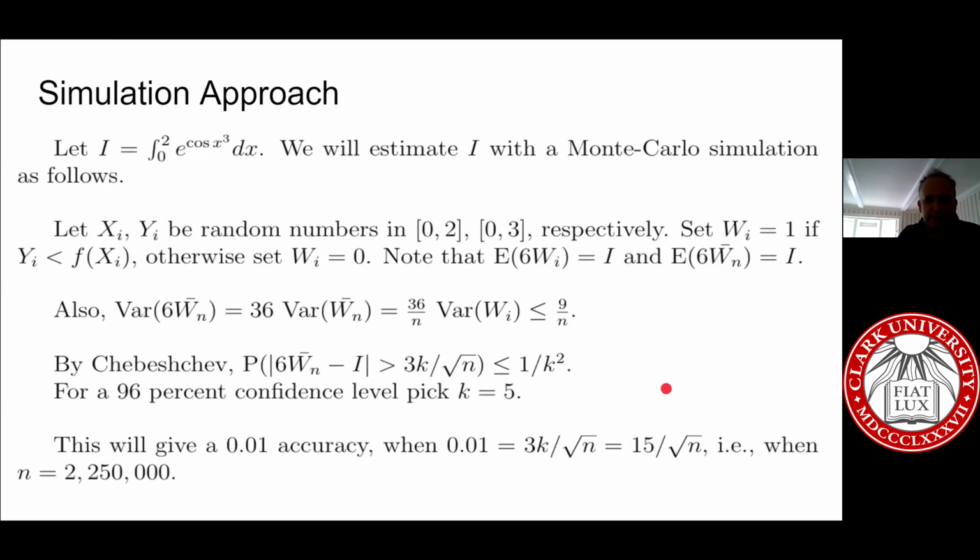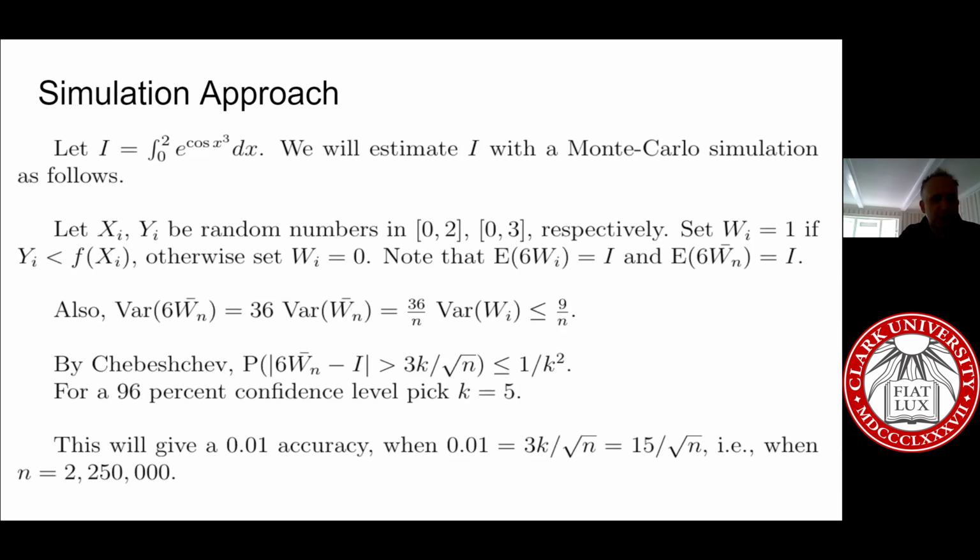I get a 96% confidence interval when n is this amount. I have to solve this. It's a little different because of the 6 out front. So I need 2.25 million. So I did this exactly with 2.25 million.